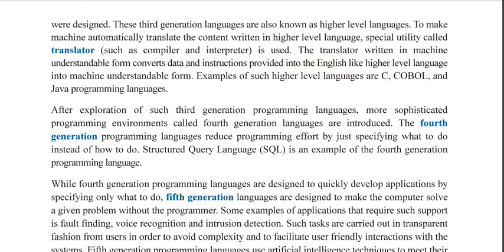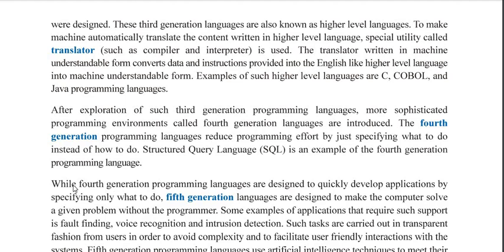The example here is Structured Query Language, in which you just have to tell what you want. How? That is the computer's problem. You just give the wanted instruction, like I want the data of those who passed the 10th standard. This is my query, and I just pass it to the computer. Now how to do it depends on the computer. So its best example is Structured Query Language.